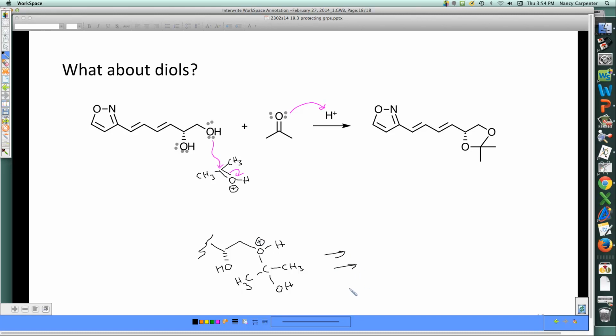This is all acetal and ketal formation chemistry. Basically what we're saying is these guys are obviously these guys, and this is this. So notice that this is your carbonyl carbon.